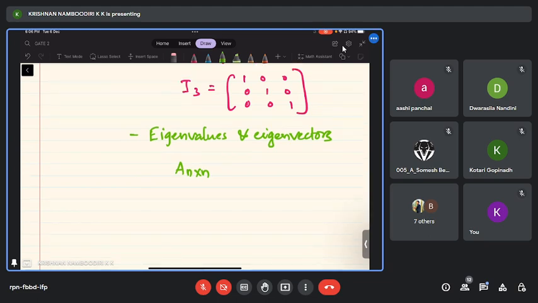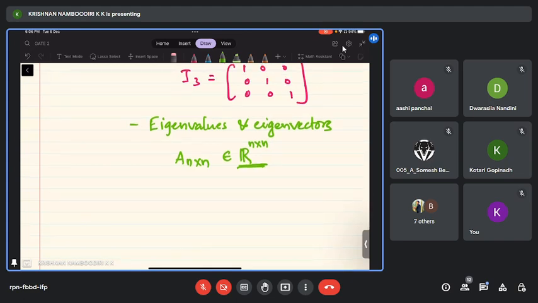For such a matrix, suppose all the entries are real numbers. This R denotes real. The power n cross n just means the size of the matrix. Don't get confused with the notation. The meaning is that all the entries in the matrix A are real numbers. For simplicity we can assume that.